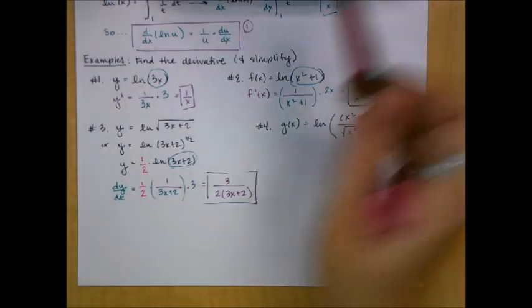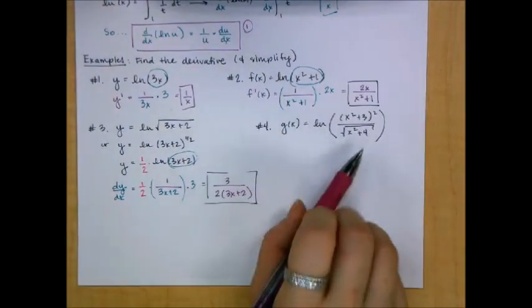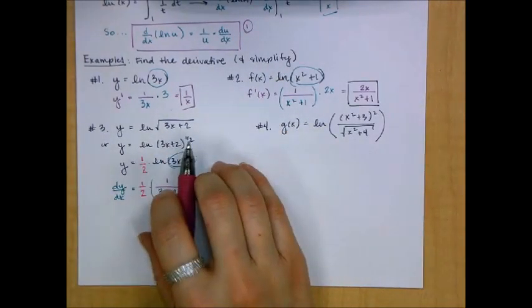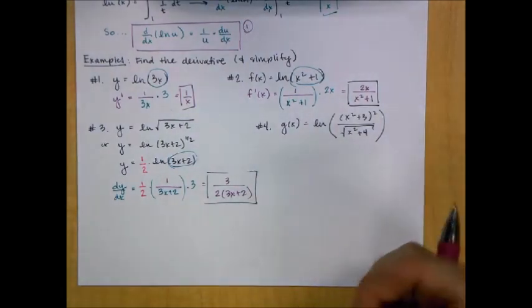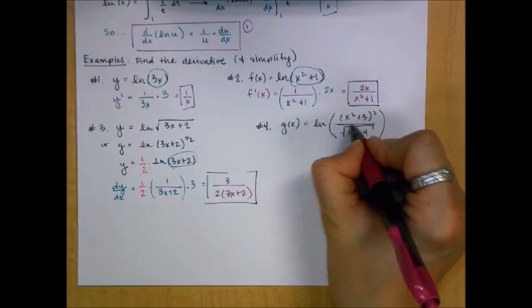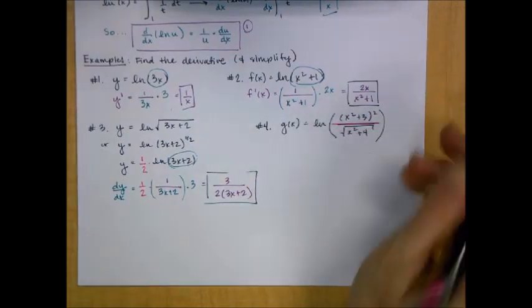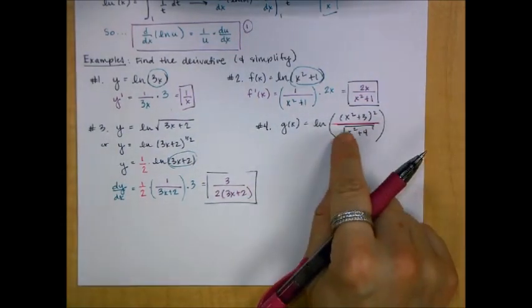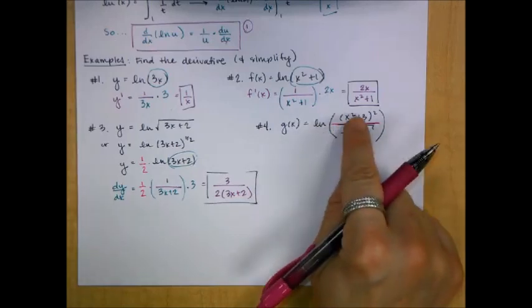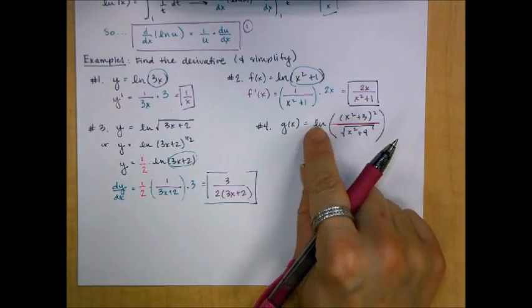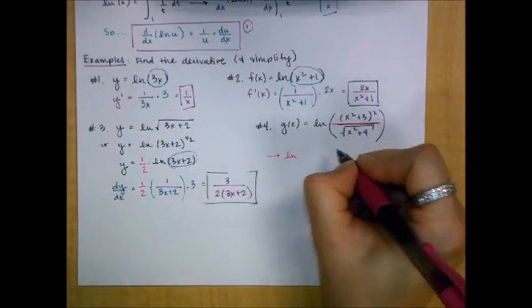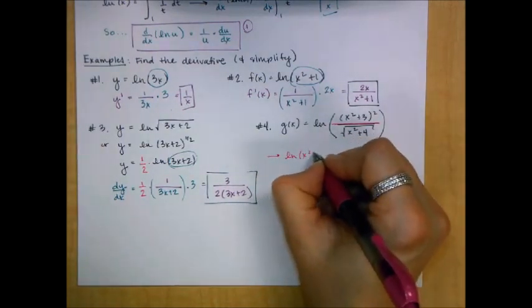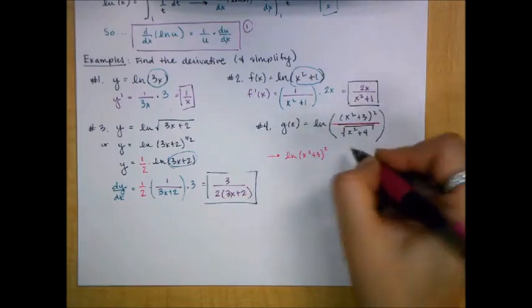So similar to what we did in problem number 3, except we've got a lot more we can do here. So the biggest thing first is this quotient. So we're going to take that last property that takes the quotient and divides it into the natural log of the numerator minus the natural log of the denominator. So this becomes the natural log of x squared plus 3 squared minus the natural log of root x squared plus 4.